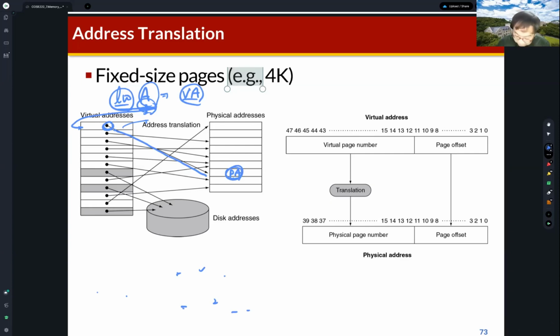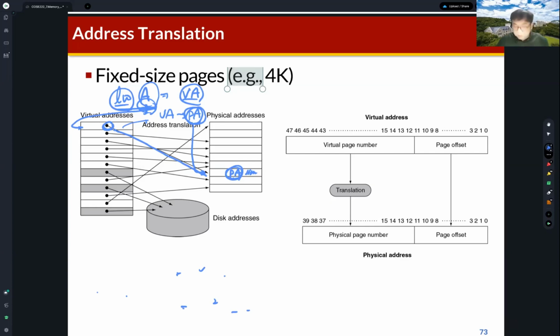So what does it mean? This virtual address is translated into the physical address, and using this physical address, we can access the requested data on physical memory, right?